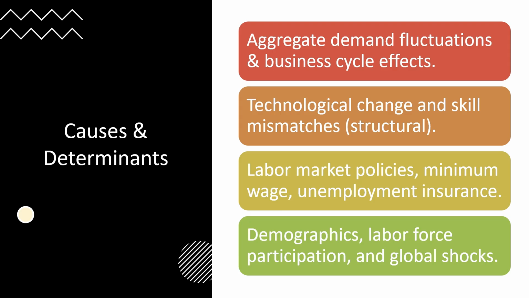Also, if you have a huge younger workforce with limited or no experience, then you might need extra people training these people when they enter the labor force. Then you have global shocks. The big example is a pandemic, where everybody got laid off because we were all shutting down. So these are all causes and determinants of unemployment.